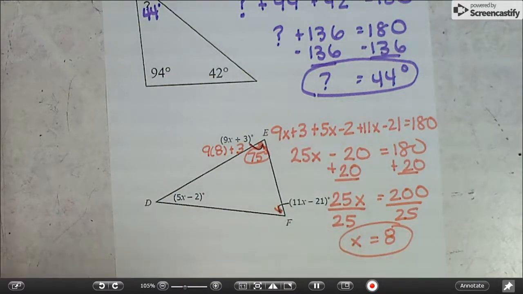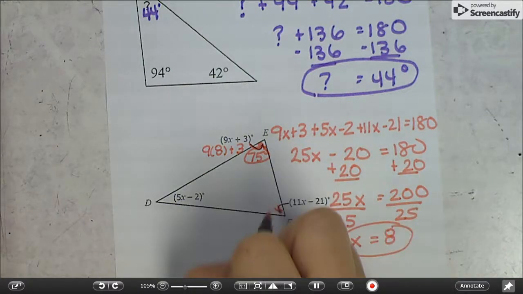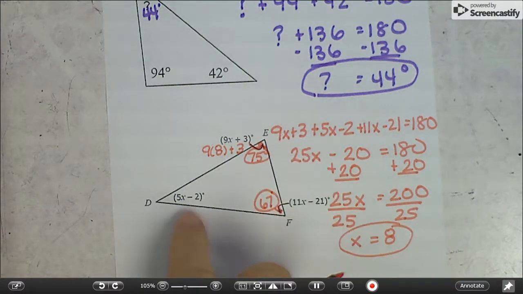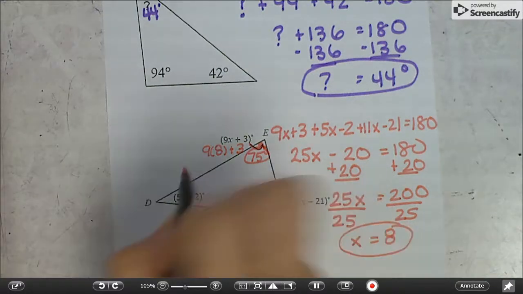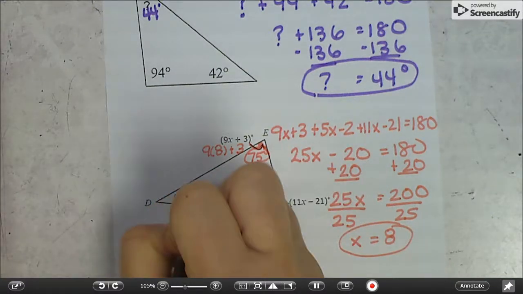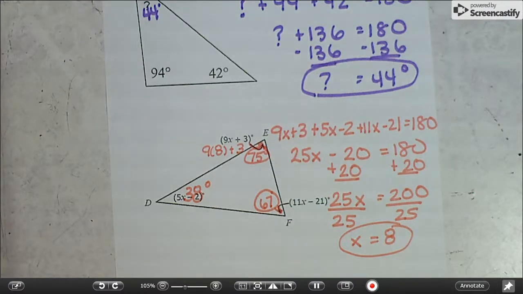If we wanted to find F, 11 times 8 minus 21, 67. And this one, 5 times 8 minus 2, 38 degrees. Same as what we've been doing, but now with triangles. If you need to look at this longer, press pause. Otherwise, I'm moving on.